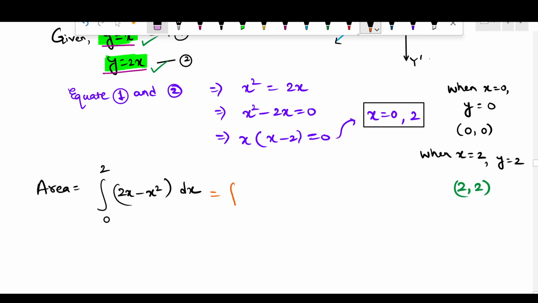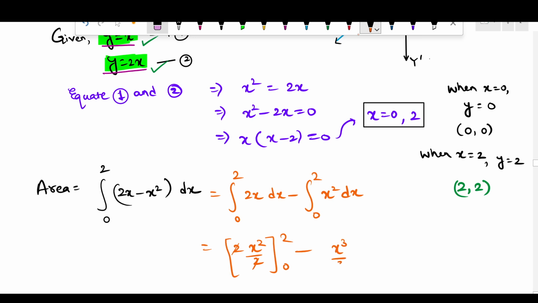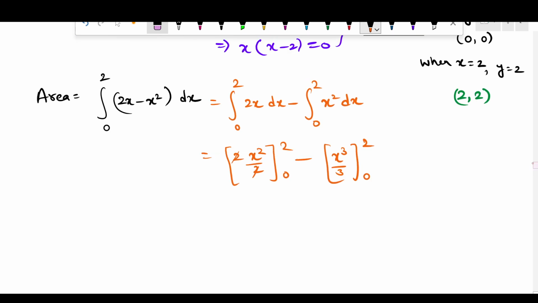This will be equal to integration 0 to 2. You can integrate it like this only. From the property, this will be equals to 2x square by 2. This 2 cancels out, and this is from 0 to 2. This will be x cubed by 3, 0 to 2, right?